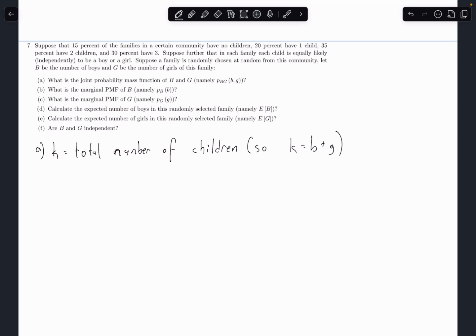The probability of exactly B boys, hence girls equals K minus B, is the binomial term, which is from K, we need to choose B, and since being a boy or a girl has 0.5 probability, we need to use this term.